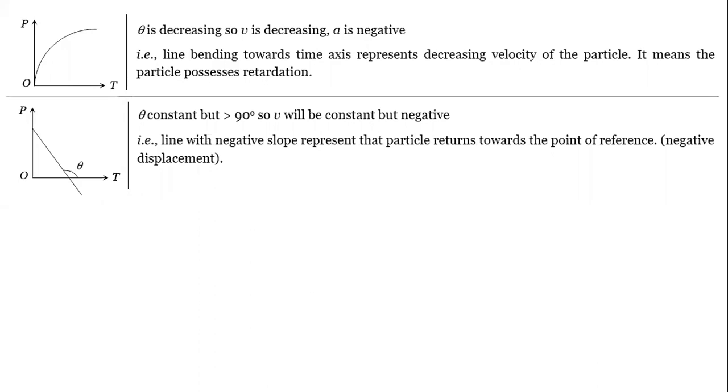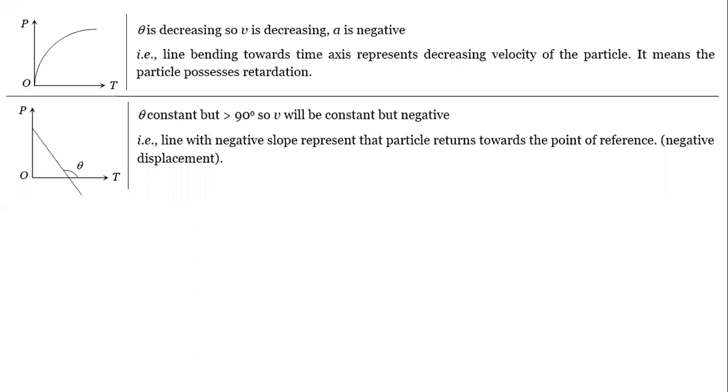Yeah, Devshri. Sir, can you just tell the difference between the first and the second graph? I actually got confused. In the first graph, if you compare the angle made with the x-axis, at every point the angle is decreasing. And if the angle is decreasing, the tan value will also decrease, which means velocity is decreasing. And if velocity is decreasing, the acceleration is negative.